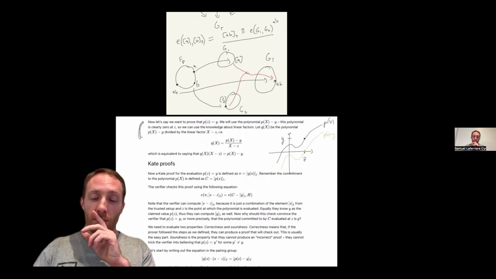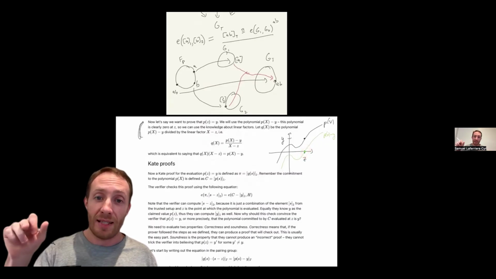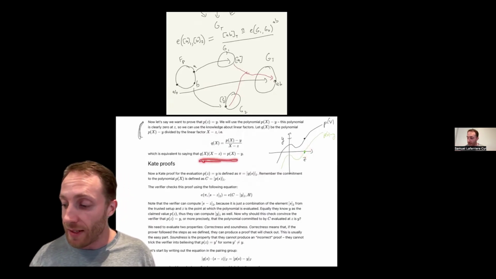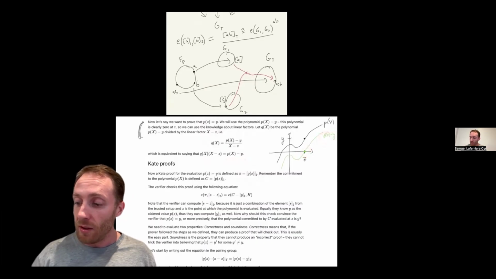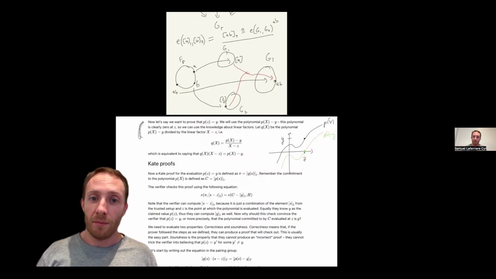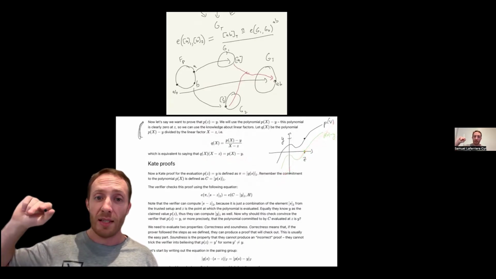And because this polynomial is equal to zero at Z, we know that we can rewrite it in this factored form. So this P(x) minus Y is this polynomial. You can just factor out x minus z, because x minus z is just a linear polynomial going through zero at the point z.